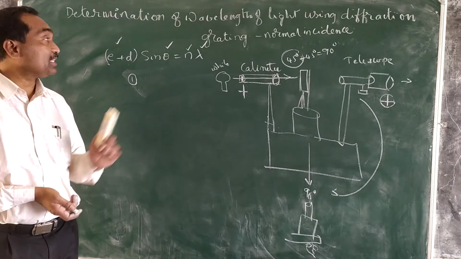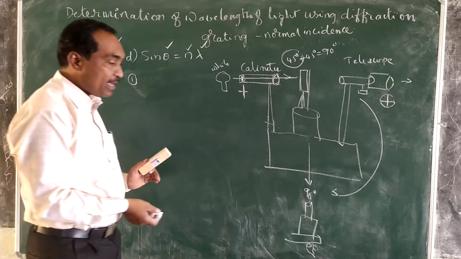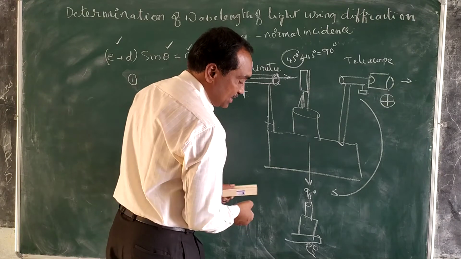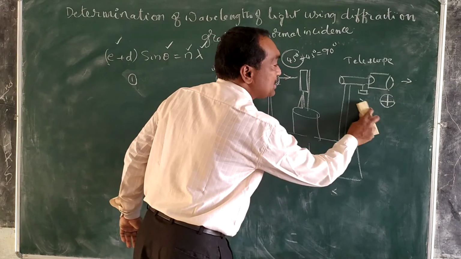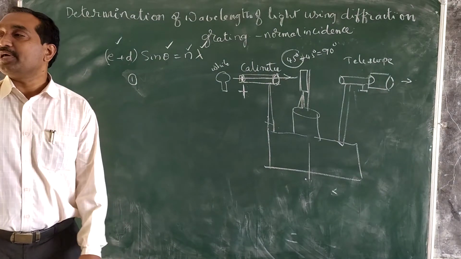Now how can we determine the wavelength of light? Again, we want to turn the telescope eyepiece along the same direction.